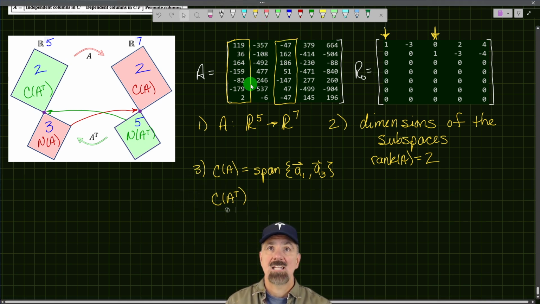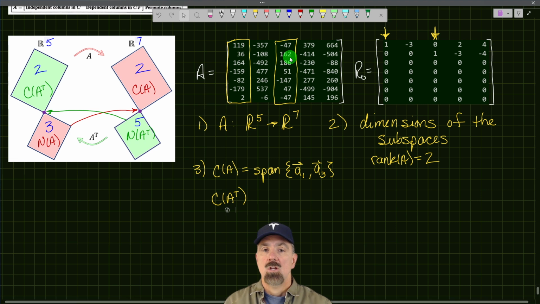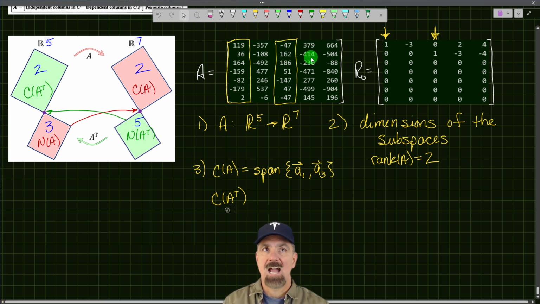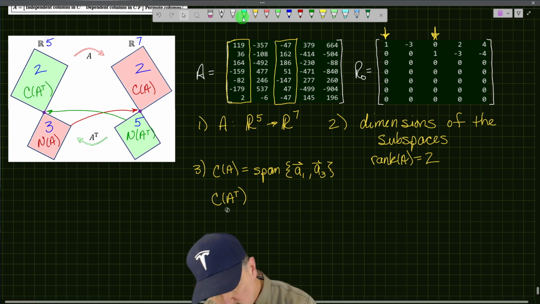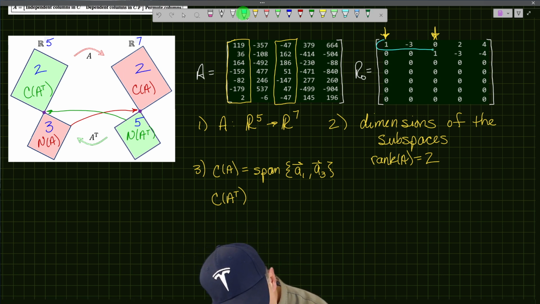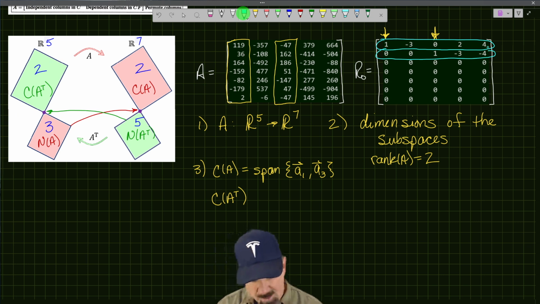What's in here that we can't tell right off the bat, but is obvious from the RREF, is that 5 of these 7 rows are redundant. They are linear combinations of the other rows. So the RREF reduces all of that redundancy down, creating 0 rows, and the result is 2 row vectors that span the row space. So these 2 vectors right here are the 2 vectors that span the row space.